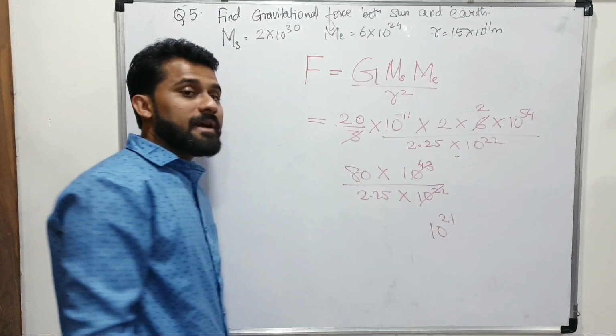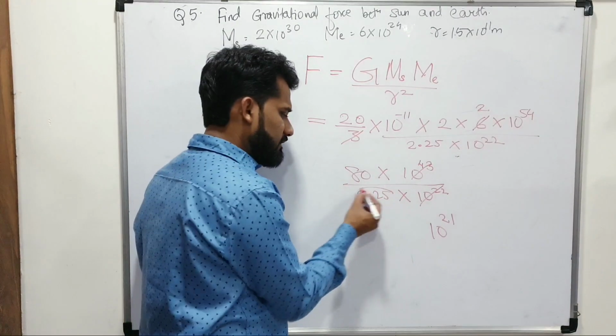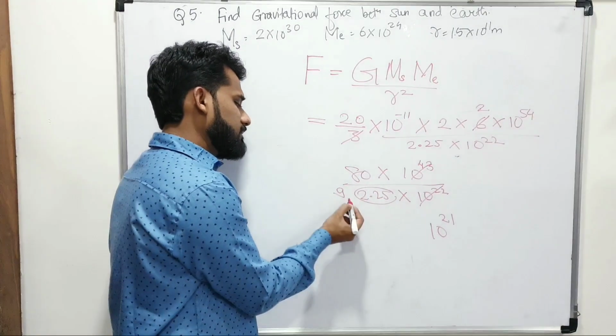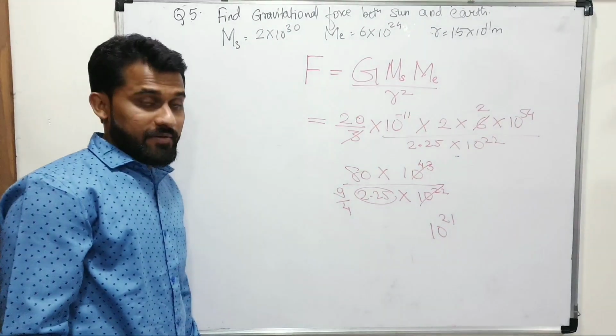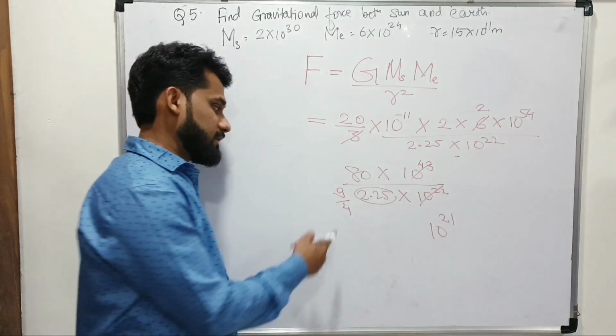And what is 80 by 2.25? 2.25 I will write it as 9 by 4. If you divide 9 by 4 you get 2.25, so this 4 will go up.